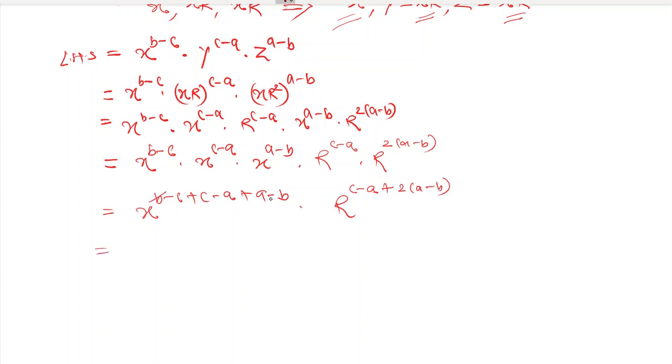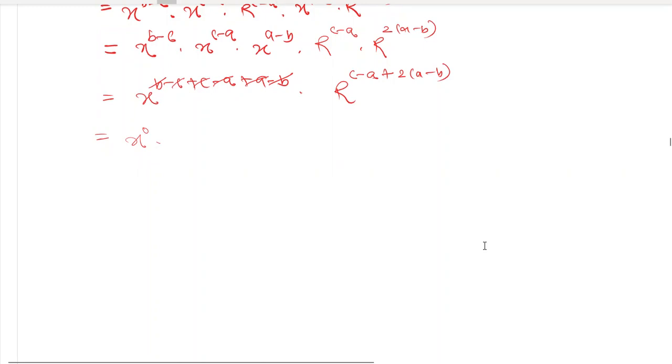So plus b minus b gets cancelled, plus a minus a, plus c minus c. So x raised to 0 multiplied by r raised to c minus a plus 2a minus 2b.